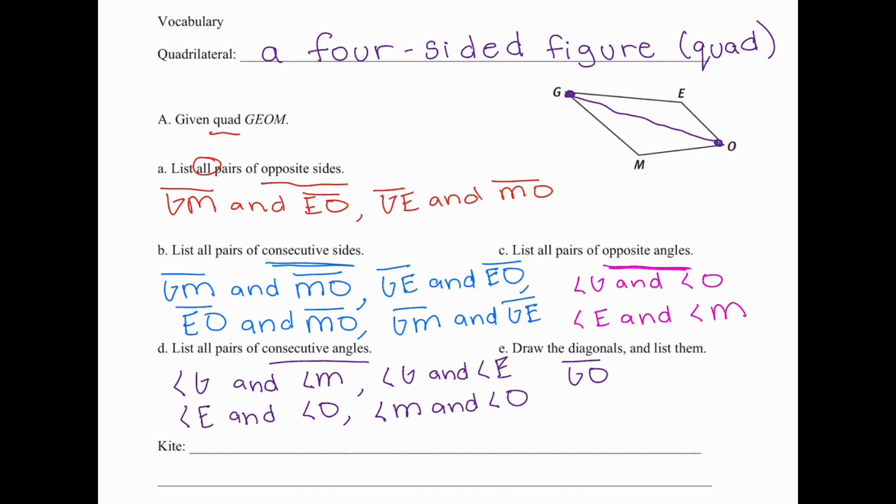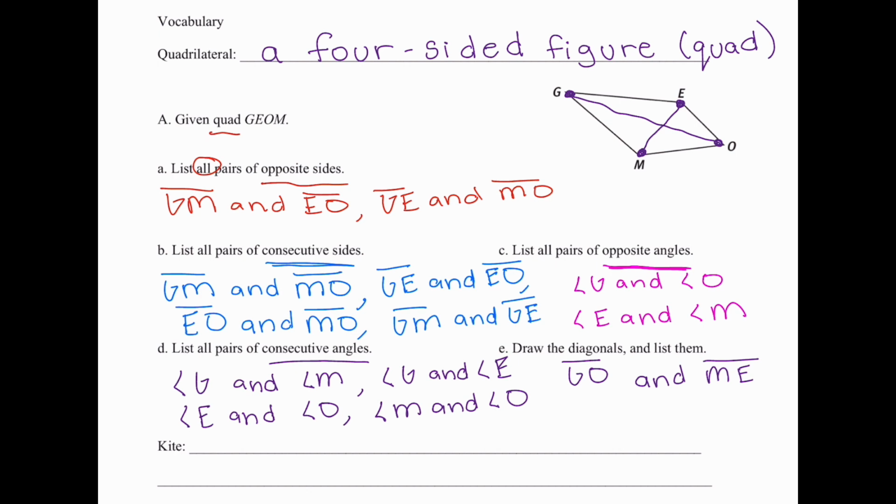And make sure when you're labeling all of your sides and angles, you use the proper symbols. And my other diagonal would go from angle E to angle M. And these are your key features of a quadrilateral.